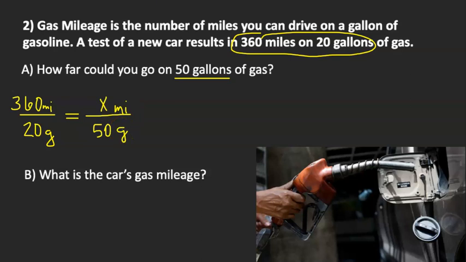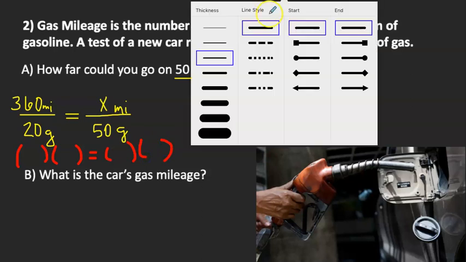I'm going to use cross multiplication to solve this. So I'll set up my parentheses. And then I'll start filling them in.